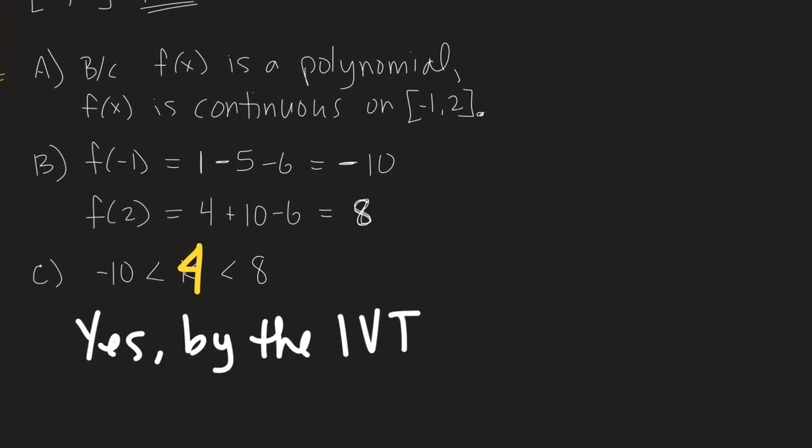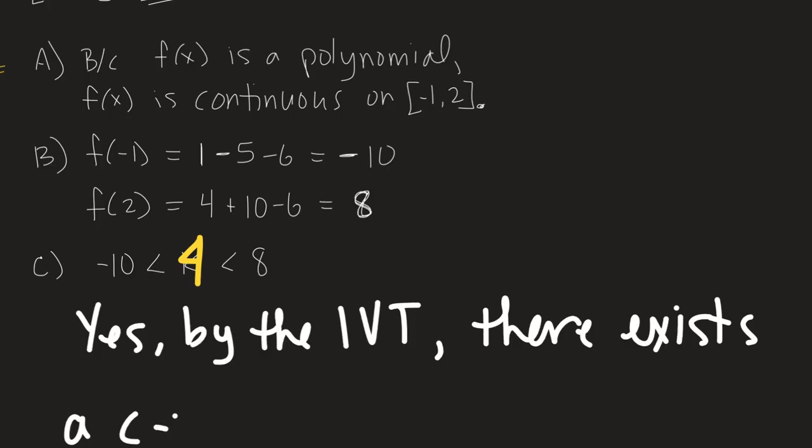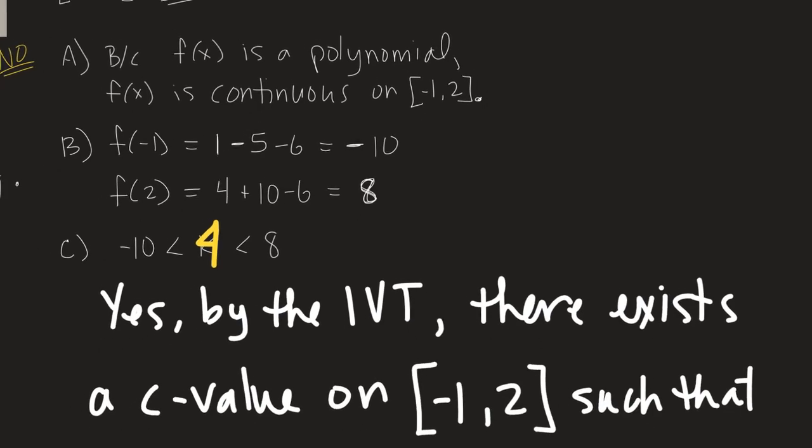there exists a c value on this interval between negative 1 and 2 such that, there's a symbol for such that, but let's not use that in case it looks sloppy.